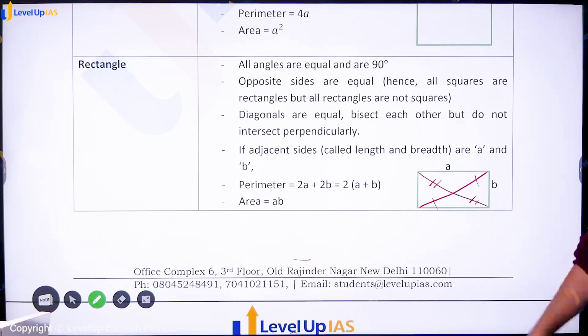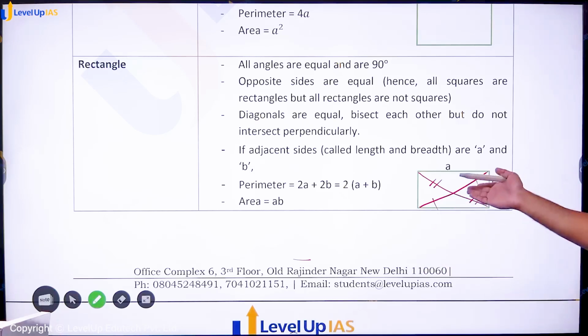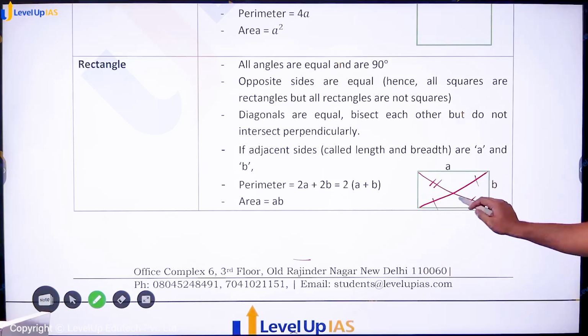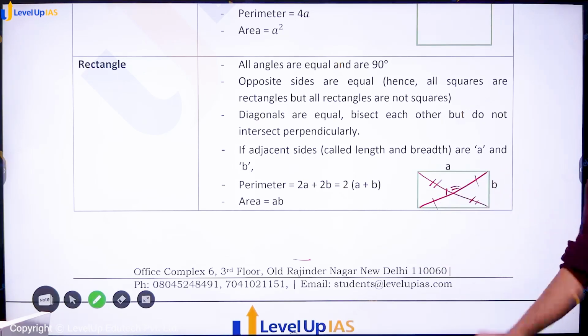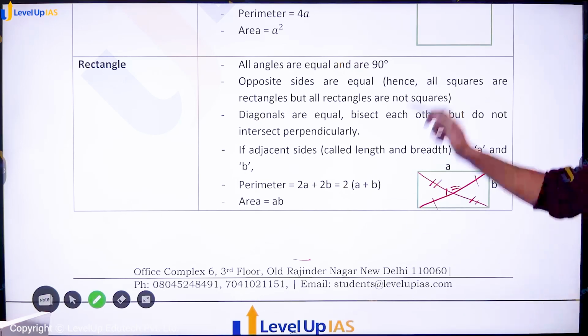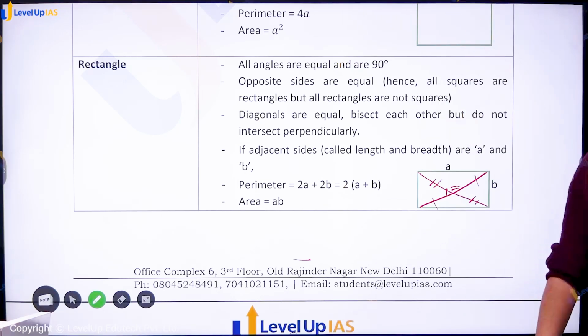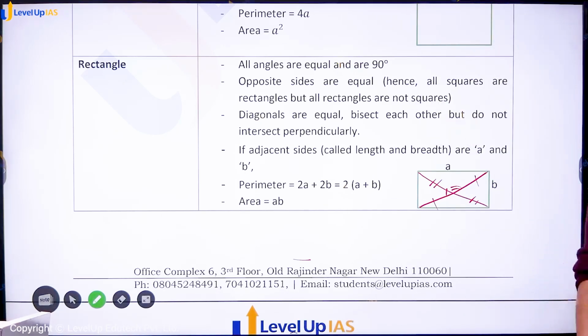But is this angle now 90 degree? Clearly not, दिख रहा है वो नहीं है. This central angle in which they cut each other now will not remain 90 degree. In squares it was 90 degree. That would be the change. Diagonals will be equal, they will bisect each other, but they will not bisect each other perpendicularly.